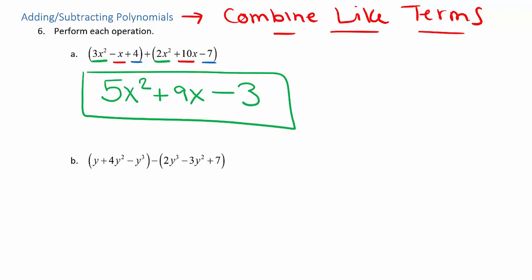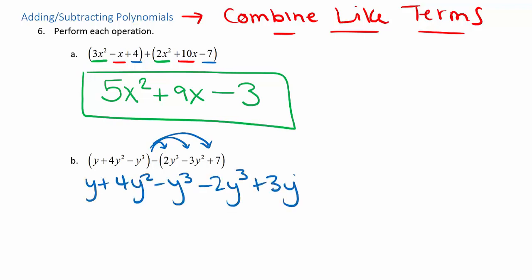It's the exact same idea with subtraction, except you want to make sure that you're subtracting all of the terms in that second polynomial. So I usually take the time to rewrite the problem, but distribute that negative. So I just change the signs of all three terms in that second polynomial. Now that I've distributed the negative, I can combine like terms.